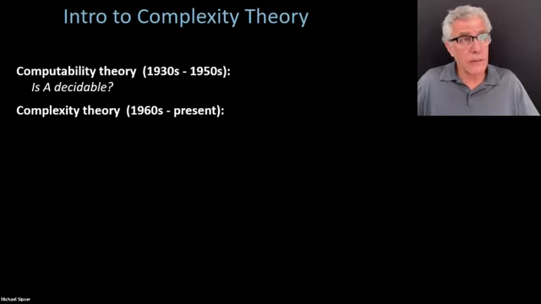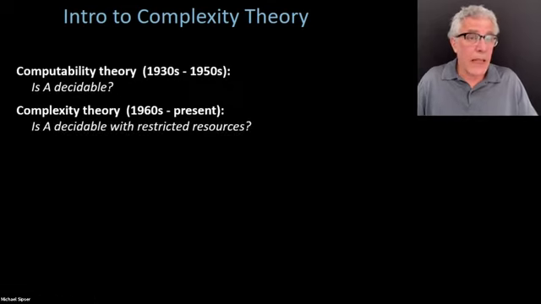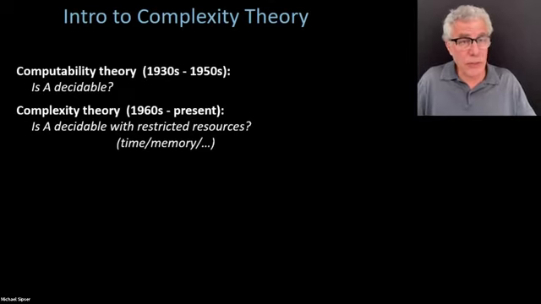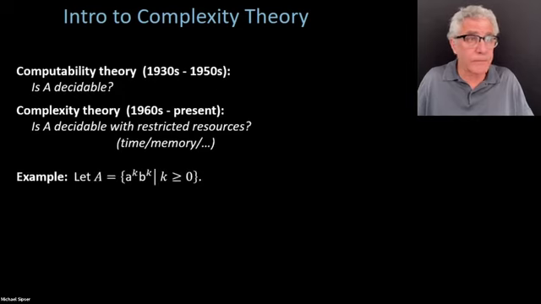So complexity theory got its start in the 1960s, and it continues on as an active area of research to the present day. If you could boil it down, it would be: is a language decidable with some restriction on the resources, such as the amount of time or memory or some other kinds of resources that you might provide, randomness and so on. All of those fall within the area of computational complexity theory.